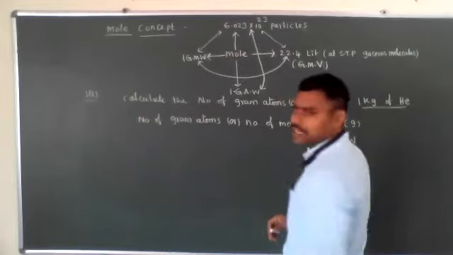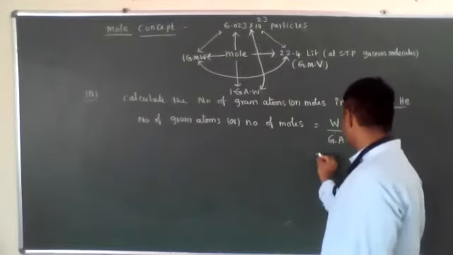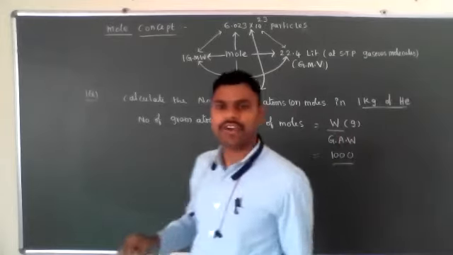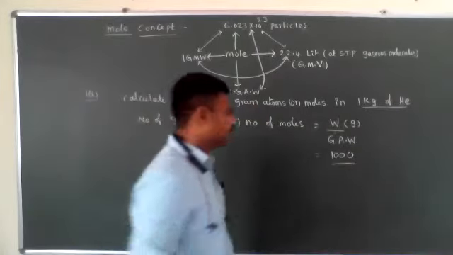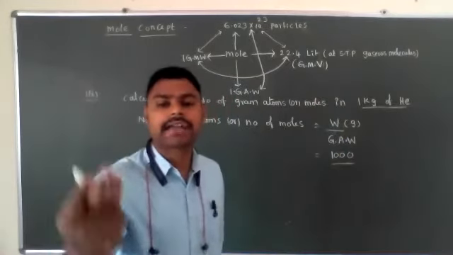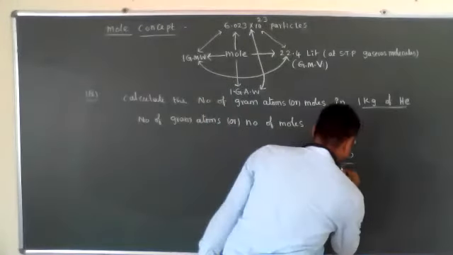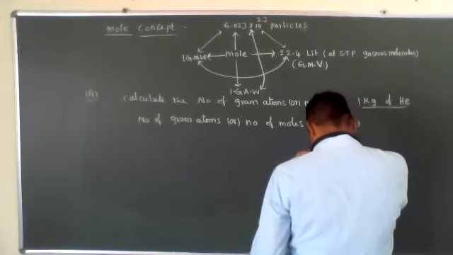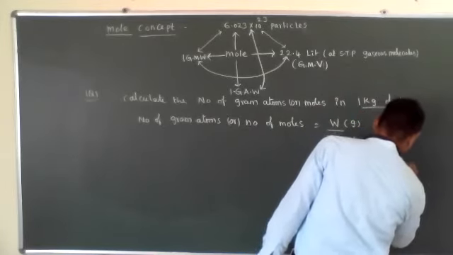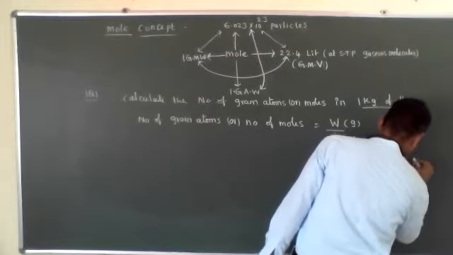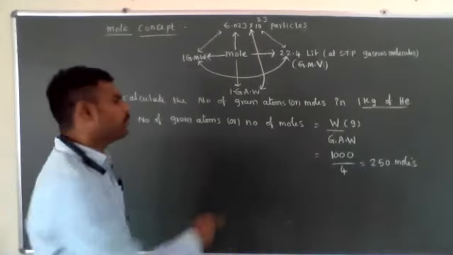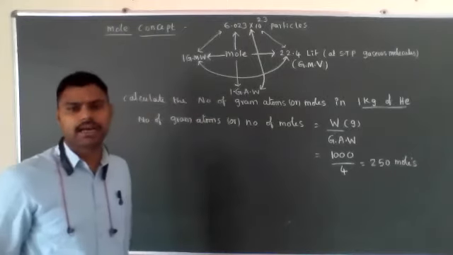So 1 kg means how many grams? 1000 grams. What is the gram atomic weight of helium? 4. Helium is He, atomic number 2, atomic weight 4. So the answer is 250 moles, or 250 gram atoms.